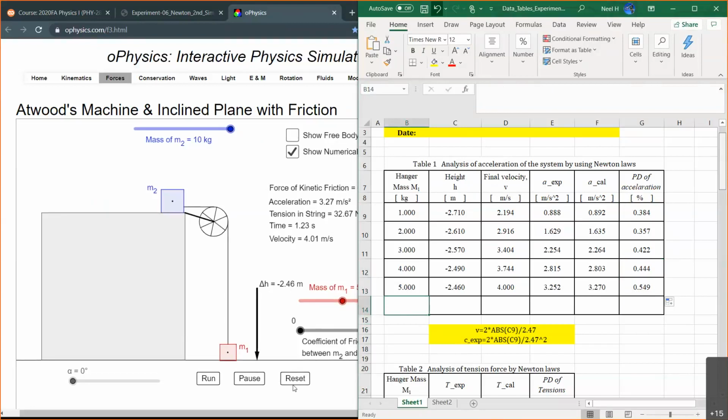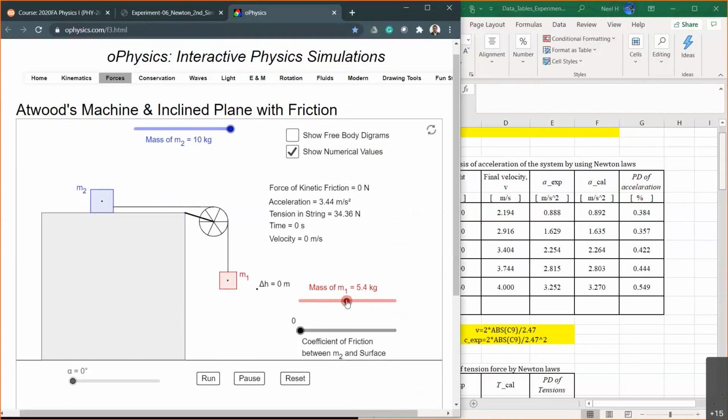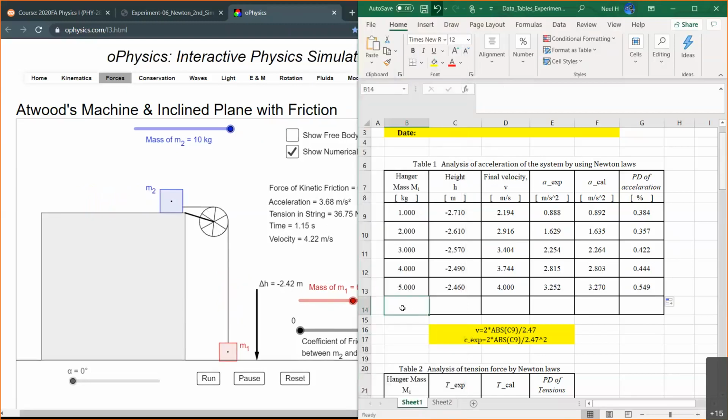Okay, just reset and let's do one more data point. That should be good enough for our graph later. Okay, what we have: 6 kilogram, minus 2.42.